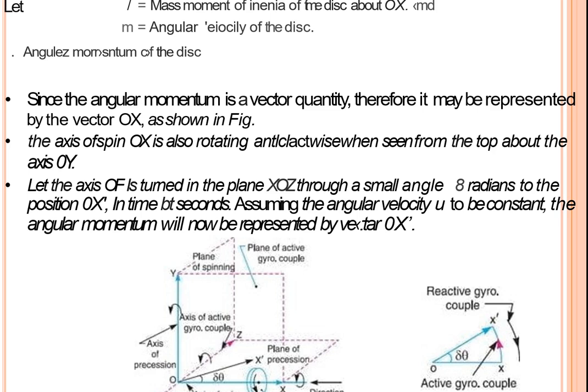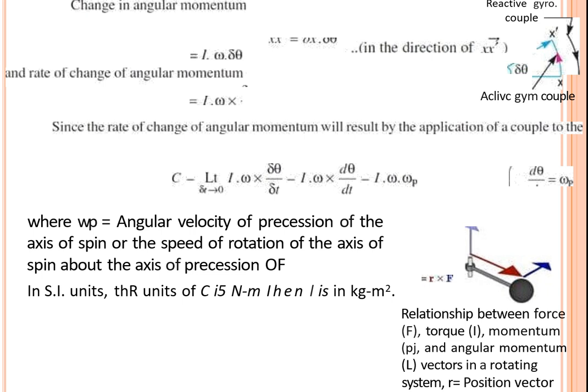In each orientation or direction of axis we take, the corresponding rotation is considered. The change in angular momentum is I omega delta t. At last, the rate of change of angular momentum is calculated as I omega omega p, where omega p is the angular velocity of precession.